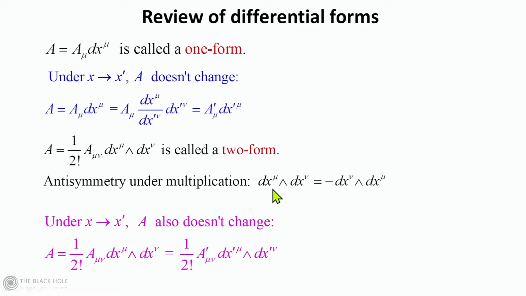Again, this over here is invariant under change. Under the change, x goes to x prime. And the nice thing about this is that this A mu prime or this A mu over here has to be anti-symmetric. See, if it had a symmetric component, that would be then multiplied by something which is anti-symmetric, and that would give 0. So this, of course, has to be anti-symmetric.